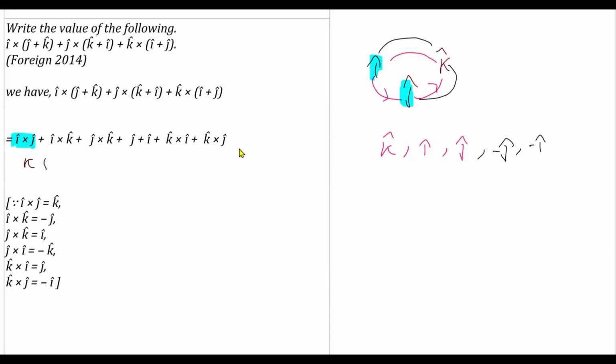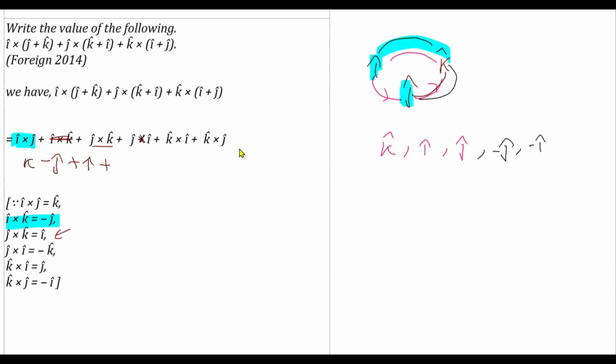And before I give a sign, let's figure out what is i cross k. In the reverse order, it has to be minus j. So I'll write this as minus j plus, next is j cross k, which is i. So this is plus i.